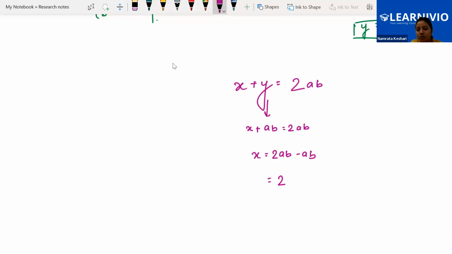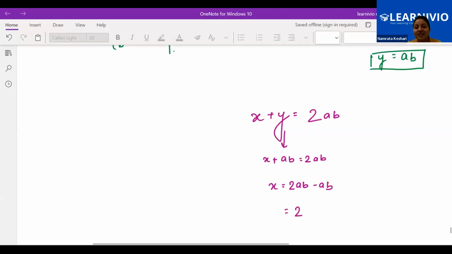Is it 2? 2AB minus AB is 2? Harshit, is it 2? Yes, ma'am. Is it AB? 2AB minus AB is 2, Harshit? Yes, ma'am, that's what I'm saying.